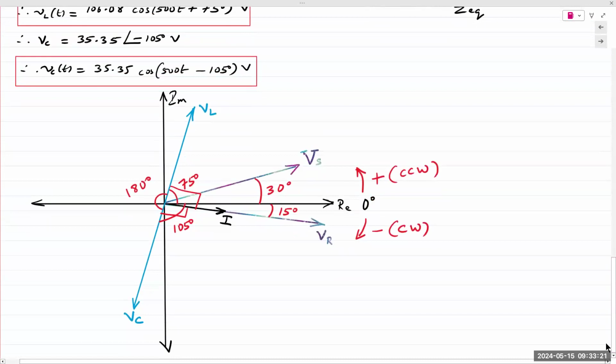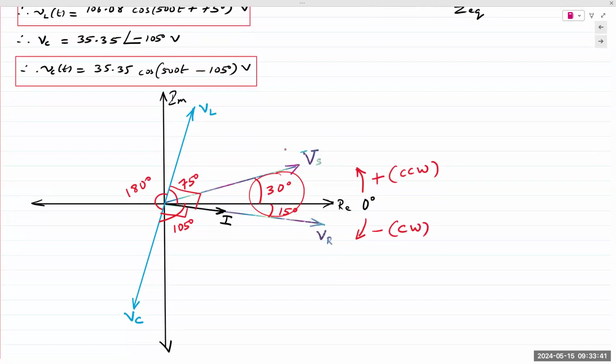Let's start with VS. VS is at 30 degrees. So it's an arrow that lies at plus 30. Positive angles rotate counterclockwise, negative angles rotate clockwise.